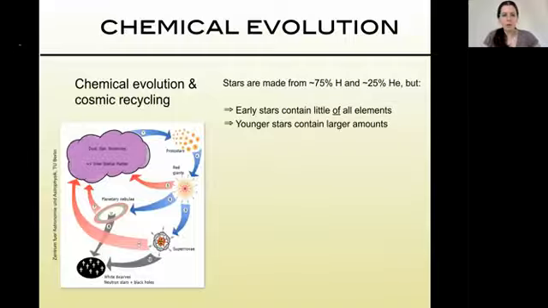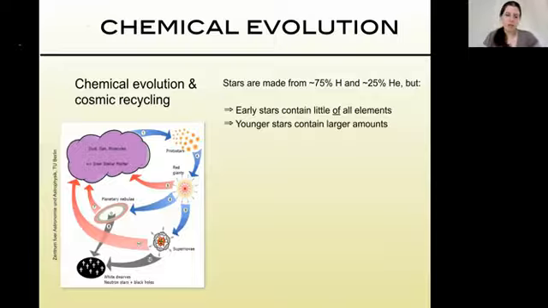Now, I want to just spend a moment on chemical evolution, because that is the outset for how we find old stars. If you imagine this pink or purple cloud to be the primordial universe, then the first stars formed, they fused some elements in their cores, they exploded as supernovae, the massive ones at least, and then all the newly created elements were put back into the reservoir, and then you repeat this cycle again and again and again, and over time the amount of all the elements will steadily increase.